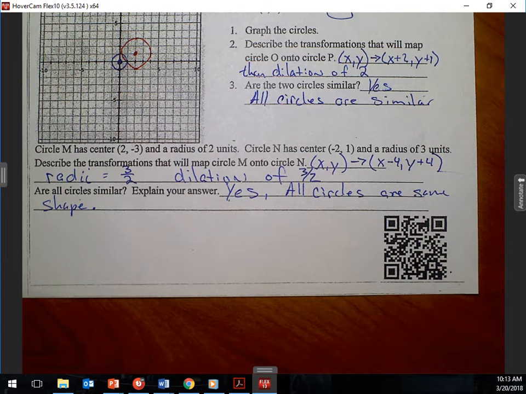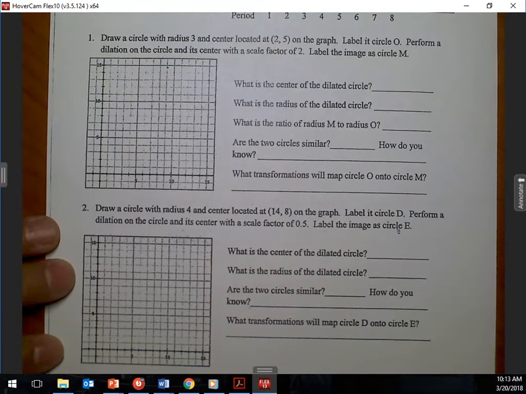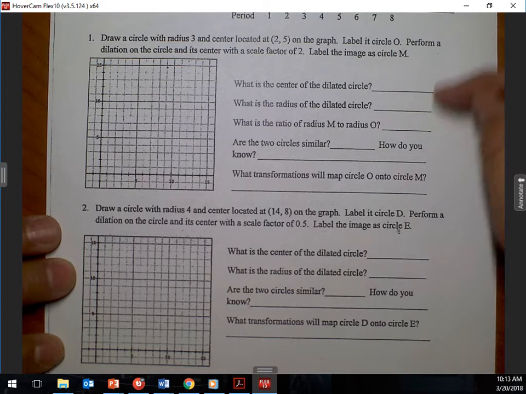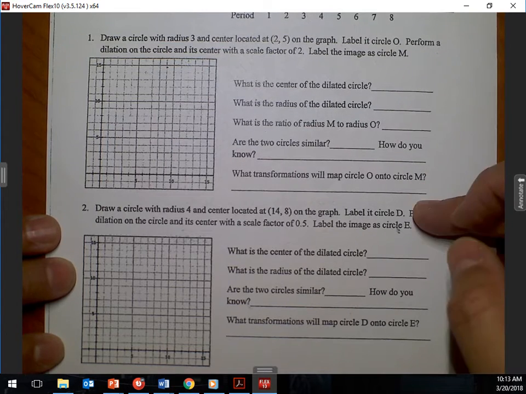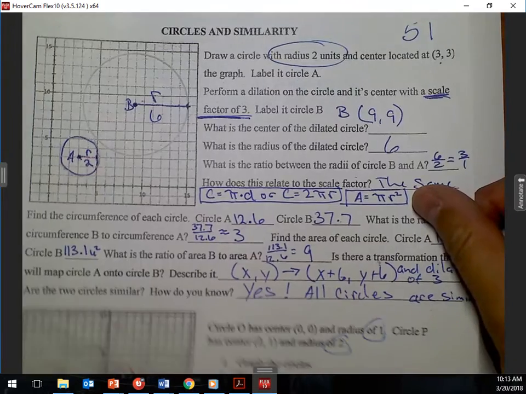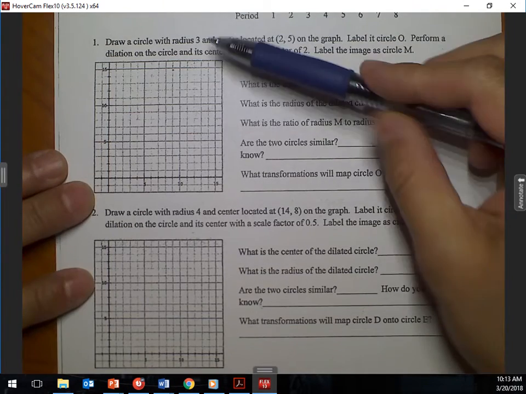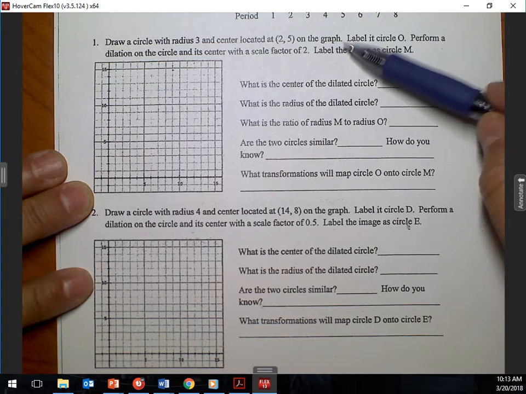All right, let's take a look at your practice now, please. Your practice is on page 50. What you're doing right here is the exact same thing that we did at the very beginning. It says we have a circle with a radius of 3 located here on a graph.